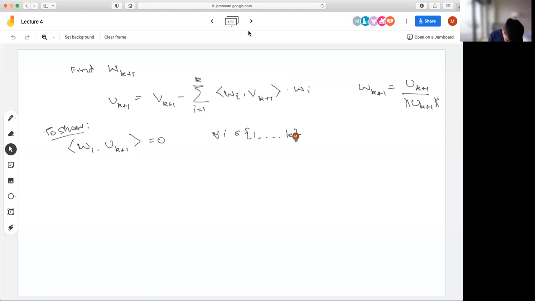And so let's just compute it. I'll just use linearity.